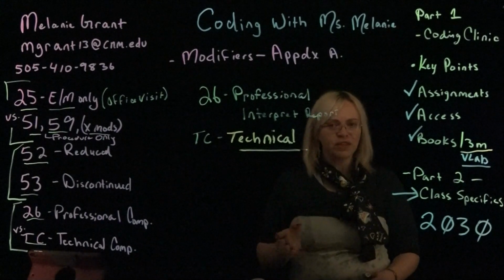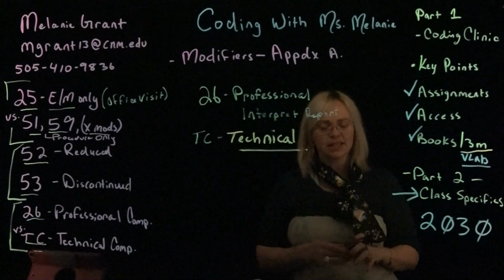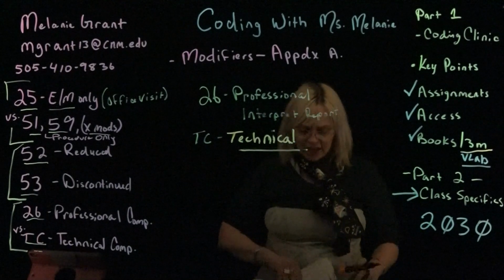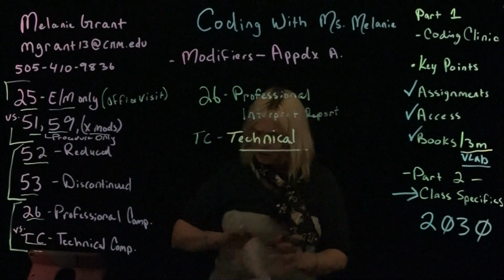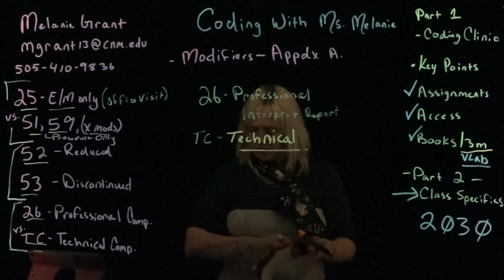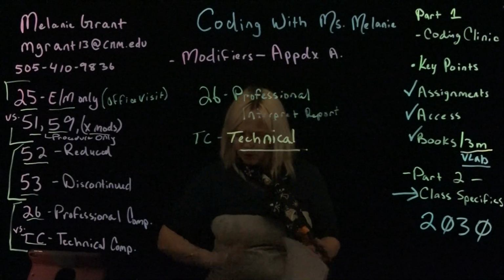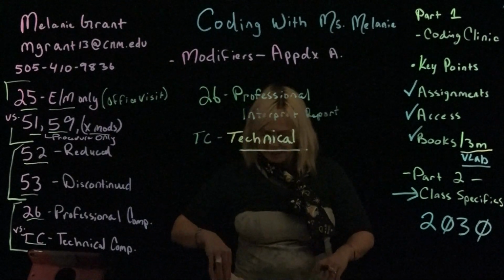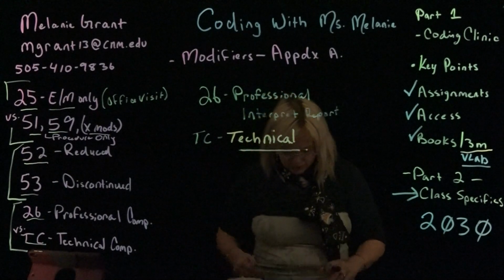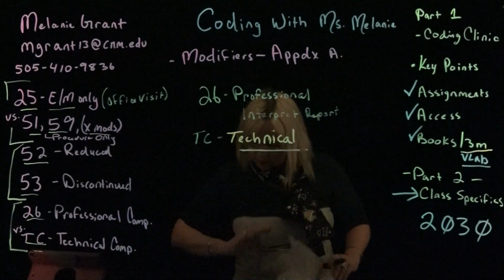So there's a lot of different examples. One thing we'll talk about in the medicine section is our EKGs. And EKGs are 93000, 93005, and 93010. Let's see if I'm right on that. I'm flipping to it in my CPT here with you.